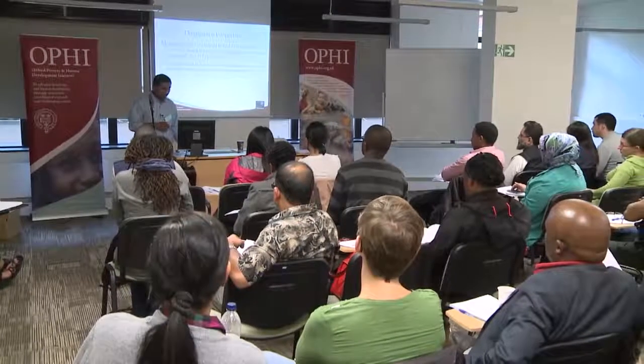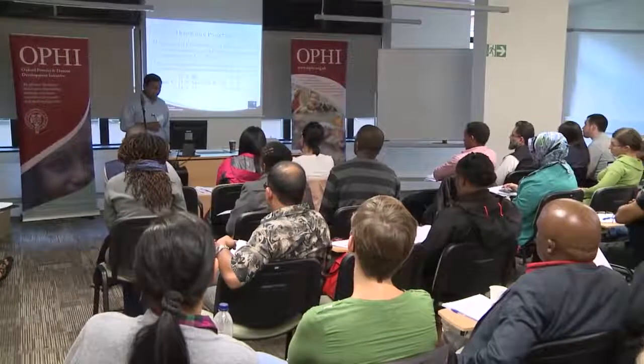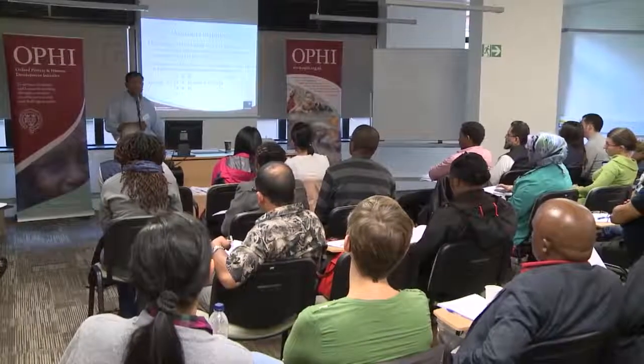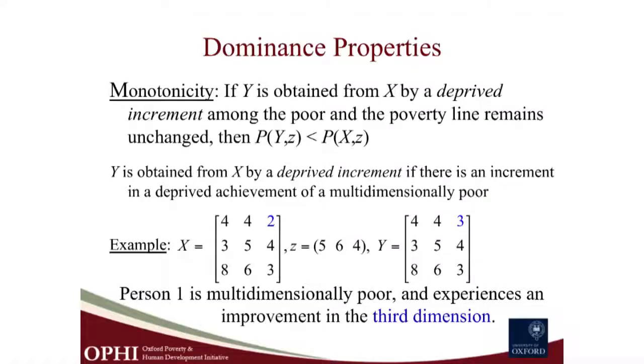And this is the example. So this person is definitely poor, no? In how many dimensions is this person deprived? All dimensions.